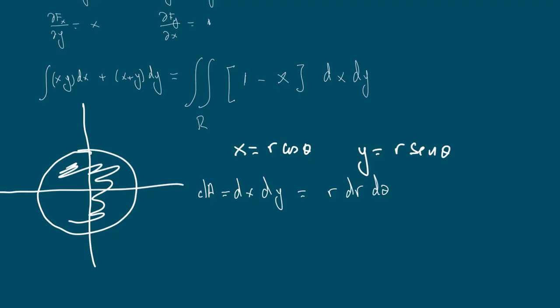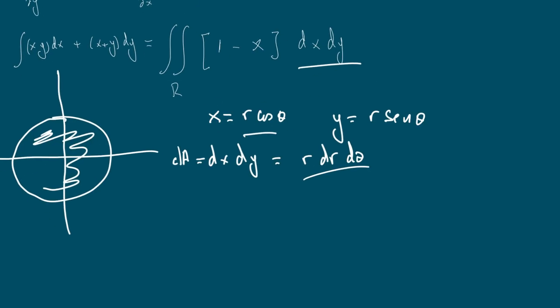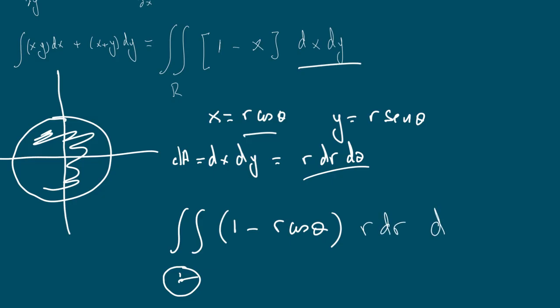So when we see x, we write r cosine of theta. When we see dx dy, we write r dr d theta. So the integral over the circle of radius 1 of 1 minus r cosine of theta, r dr d theta.